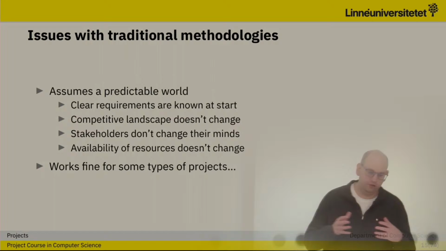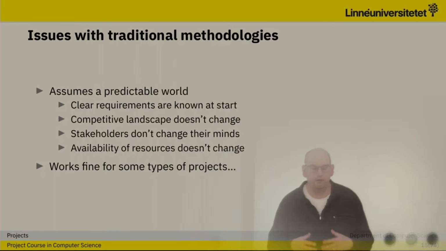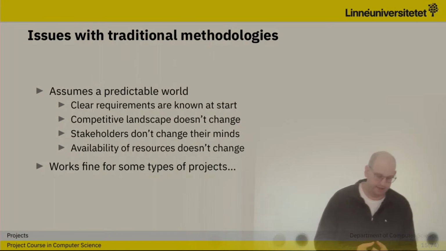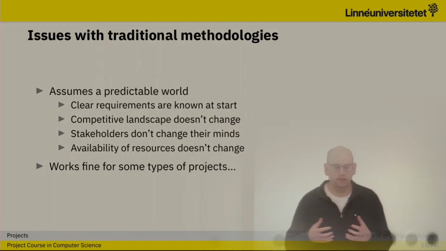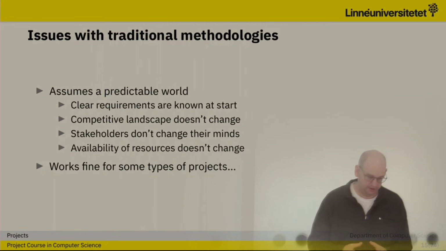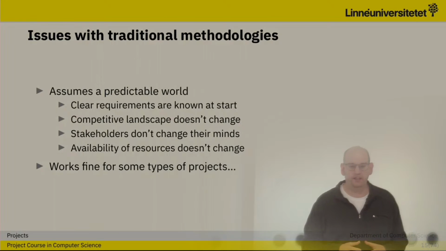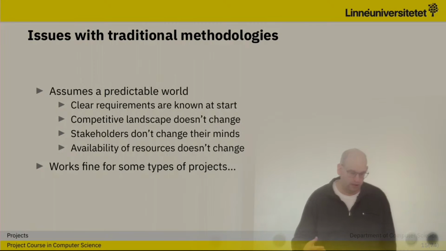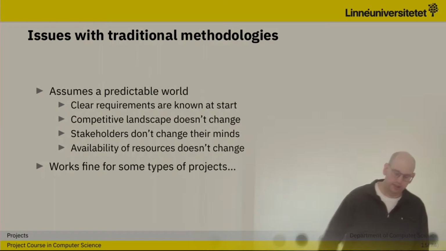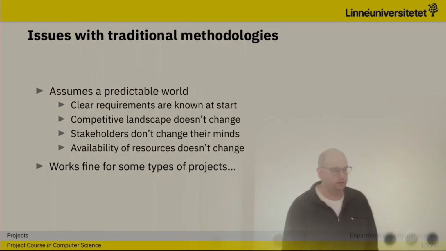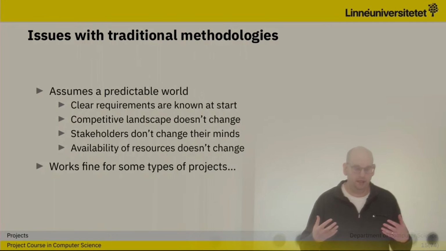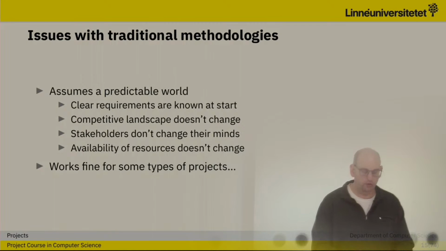So the traditional methodologies before Agile had a number of clear problems, and this is way back then, so this is kind of waterfall territory. So it assumes a predictable world, so that this works when you're a man in a lab coat doing the coding.